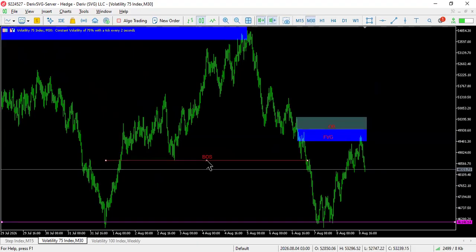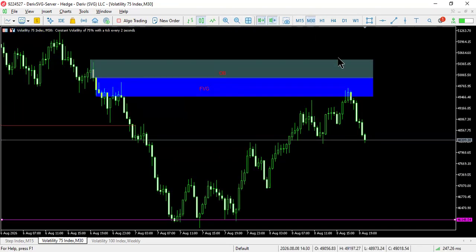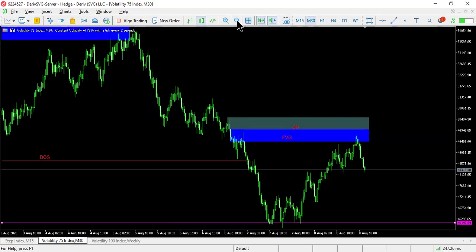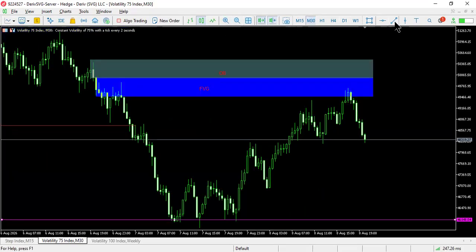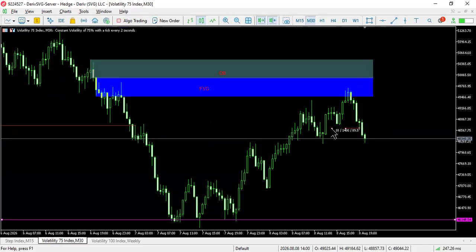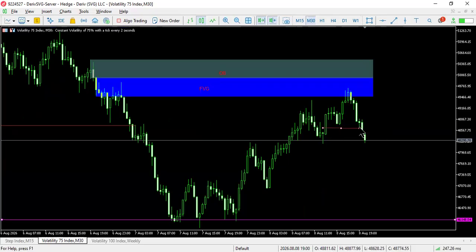We see that is the general break of structure. So since this trade is already happening, if we want to get into this trade, we can see there is a break of structure here. We can see that there is a break of structure right there.